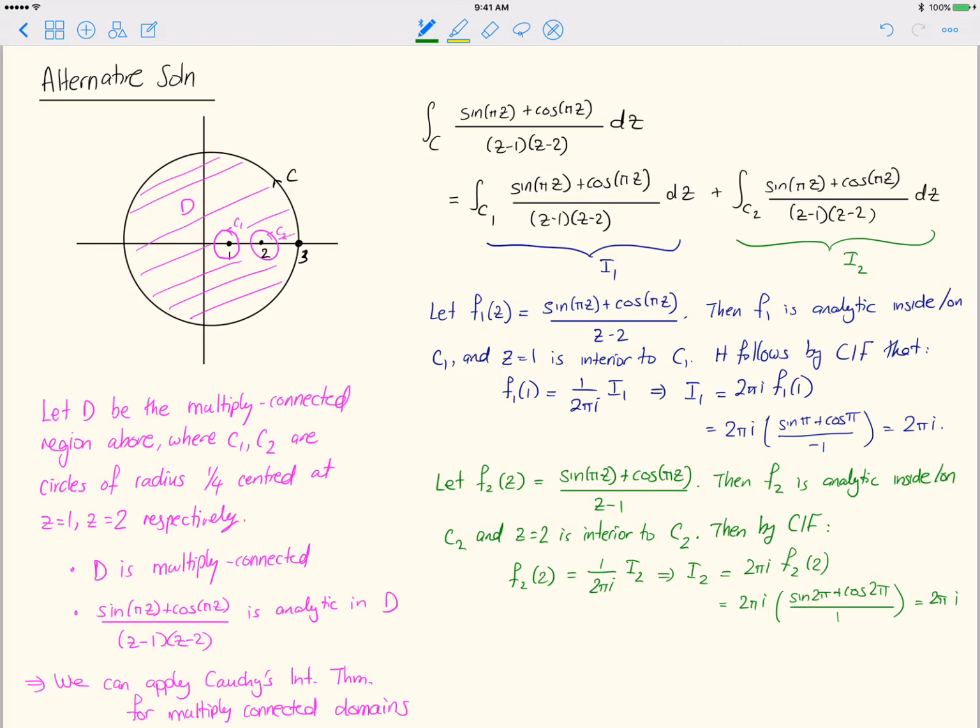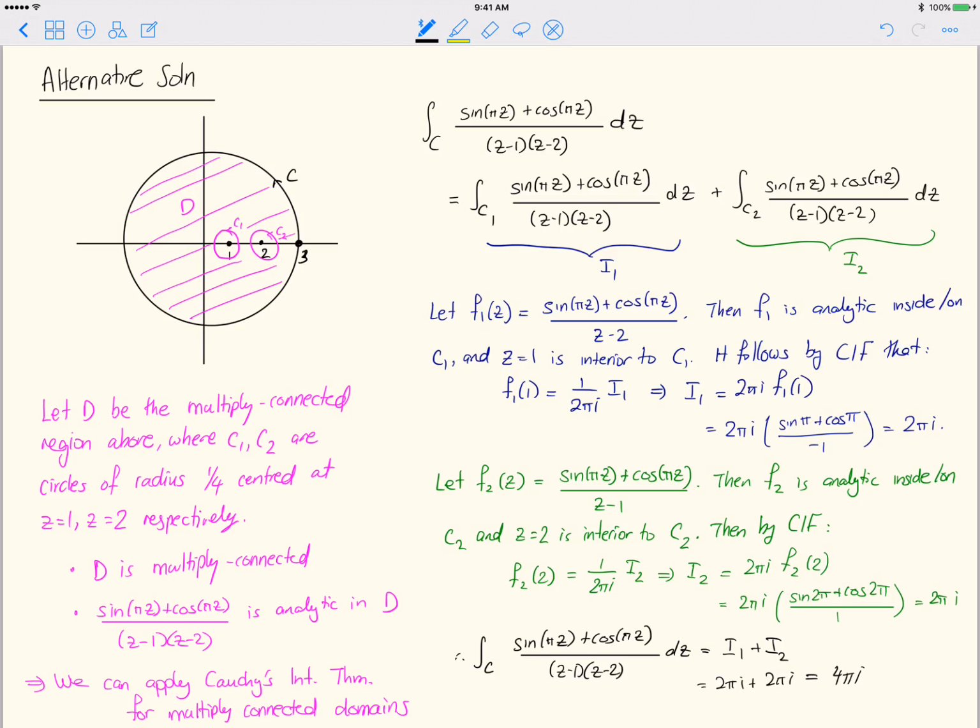Now putting it all back together, remember my integral was I1 plus I2. So that initial integral which they gave us is going to be I1 plus I2, which equals 2 pi i plus 2 pi i, which is 4 pi i.